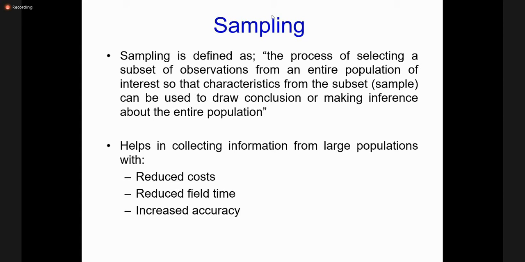It's easier to collect data from a few hundred people from the population as compared to interviewing or collecting information from the millions of people living in the city. So it reduces the cost and the time spent in the field for data collection, for surveys or interviews, or all kinds of data collection related activities.